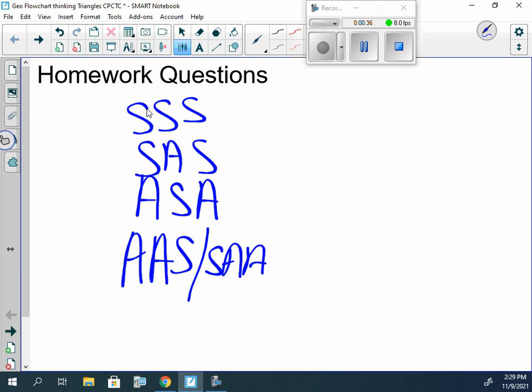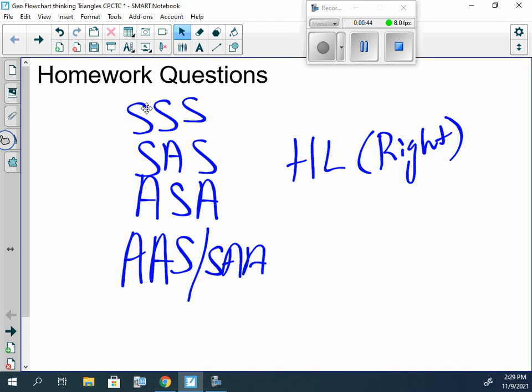The special case was hypotenuse leg, which only works with right triangles, because if the two triangles are right triangles and we have two sides, then it does work. So: side, side, side, side, angle, side, angle, side, angle, angle, angle, side, or hypotenuse leg if they're both right triangles.